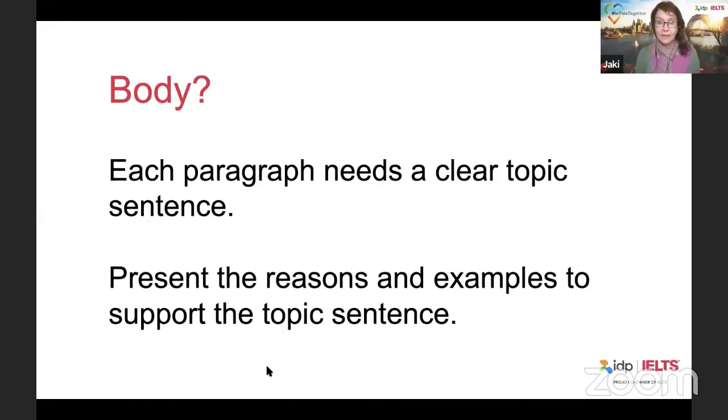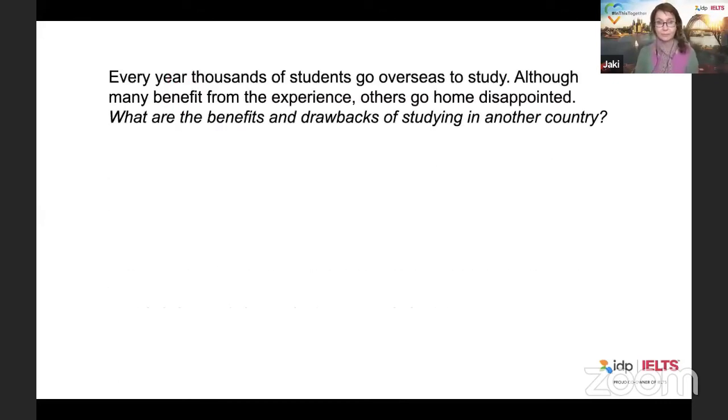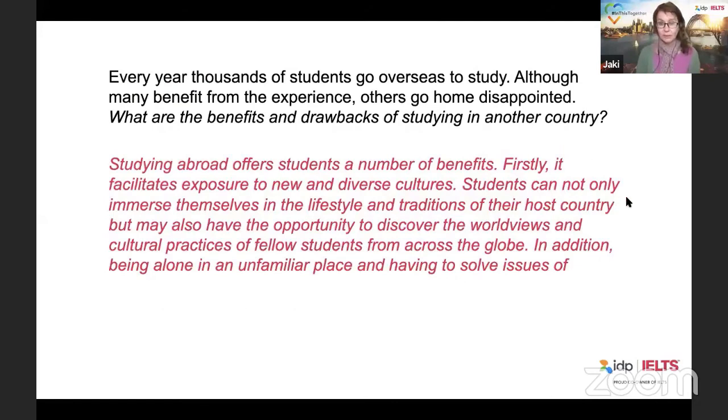Now, when we get to the next paragraph, each paragraph should have a topic sentence, reason, and example. So remember our first reason? Our first thing we're going to talk about are the benefits, right? So studying abroad offers benefits. That's what this paragraph is about. Here's our first reason with a linker.